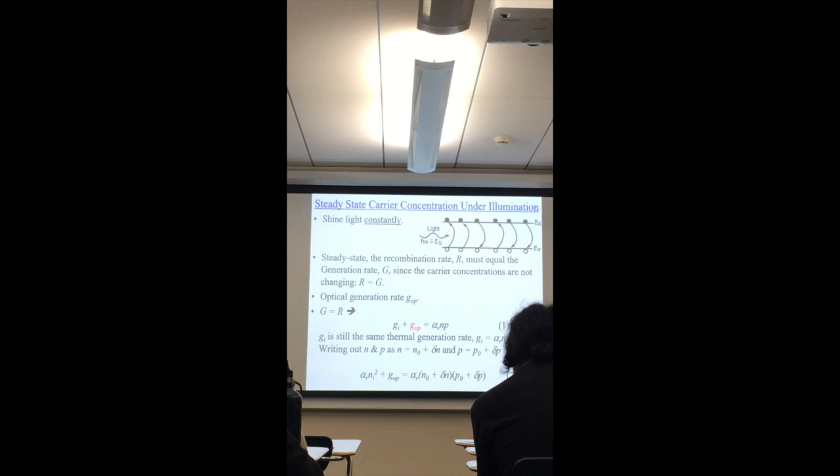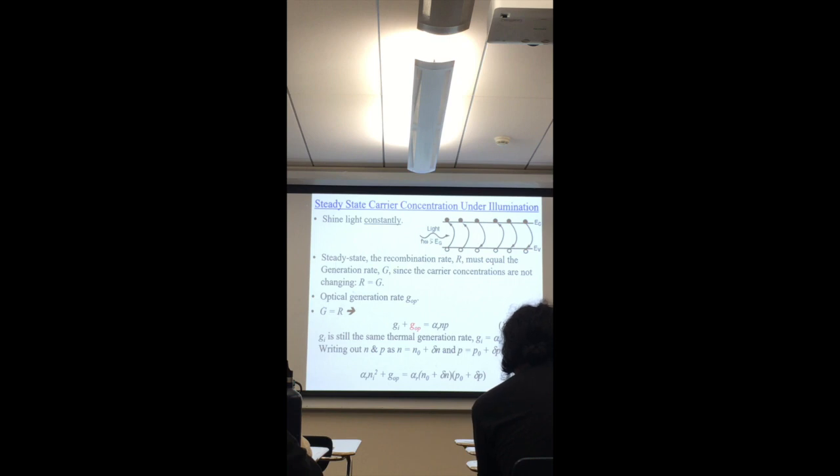Okay, and these two will be balanced by this recombination. And recombination again is related to a certain constant, alpha, and this will also be times the electron concentration and the hole concentration. Right? So this is the recombination rate.